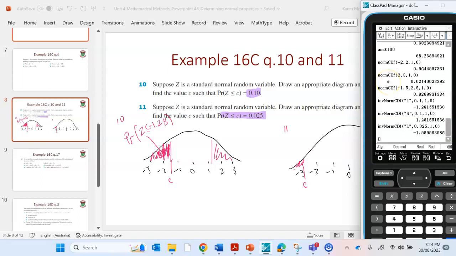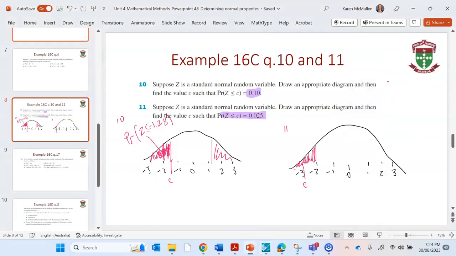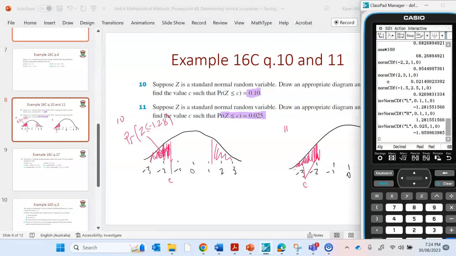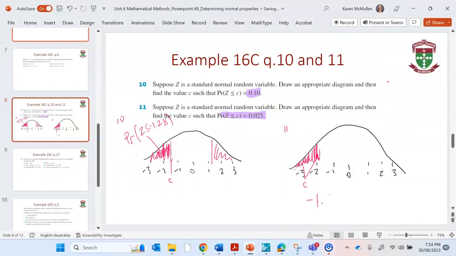And there you can see it's a little bit more. My bad, I didn't draw it that well, but it doesn't matter, the calculator's doing it for me. So negative 1.96. So C is equal to negative 1.96.